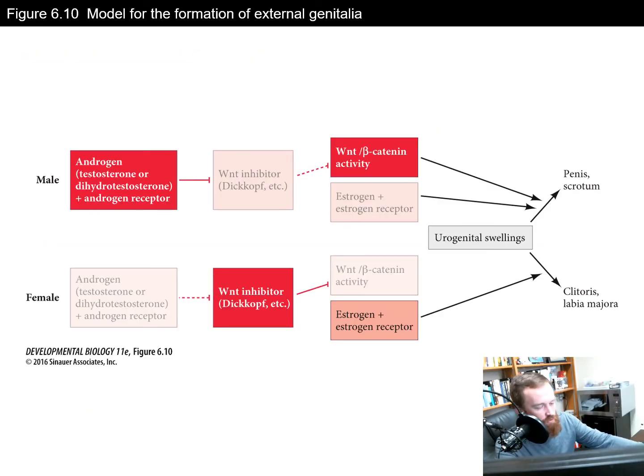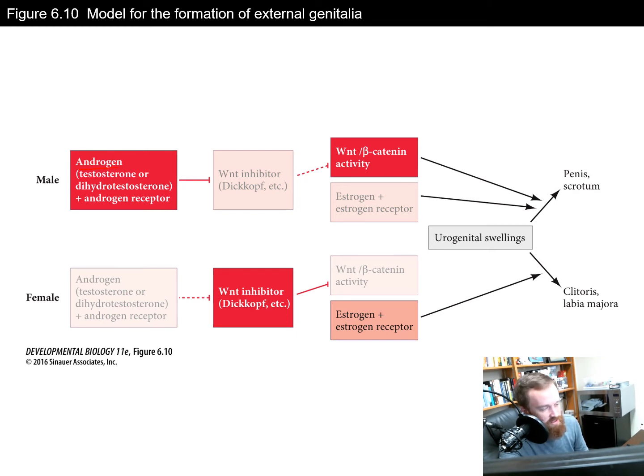So now let's look at formation of the external genitalia. In males, you have androgens, which are testosterone or dihydrotestosterone, and the receptors for these androgens. These are produced by the developing male genitalia and some of the cells surrounding it.